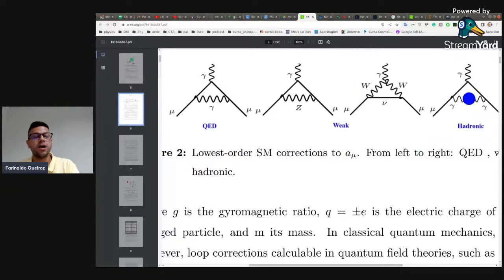But the point is, it's not easy. It's easy to explain the discrepancy. What is not easy is to explain the discrepancy and show why we haven't seen any sign of this field anywhere else, like at the LHC or in the lab. If it couples to muons, why shouldn't it couple to electrons?